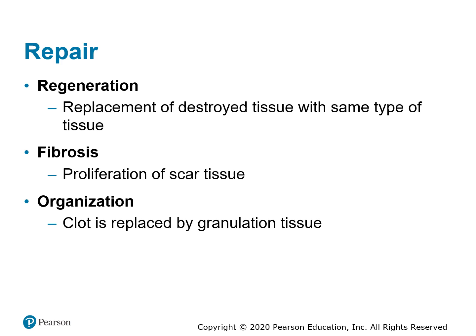Some tissues are better at repairing than others, and some tissues are better at regenerating than others. Regeneration is essentially just the replacement of that destroyed tissue with the same type of tissue. Sometimes you don't necessarily get regeneration. You get the formation of fibrosis.